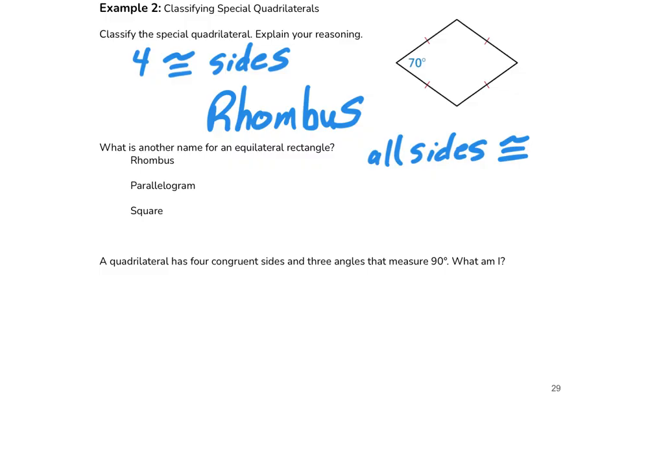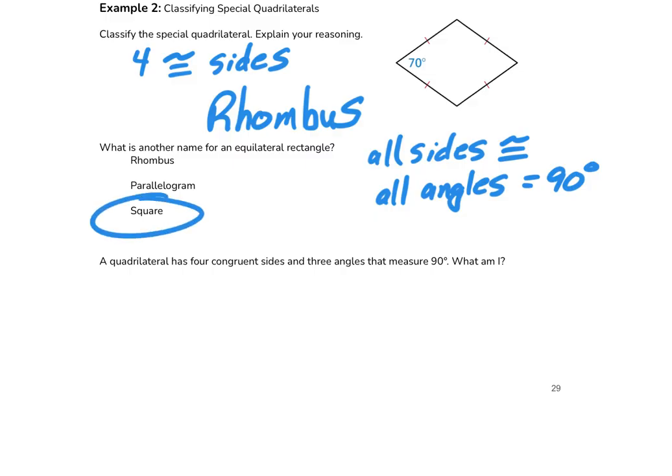All 90 degrees, okay? All angles equal 90 degrees. So if I have 4 equal sides and 4 right angles, what do I have? A square. Okay. You won't see that word very often, equilateral rectangle, but that is what it is.